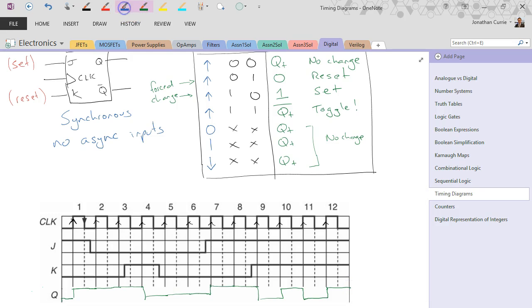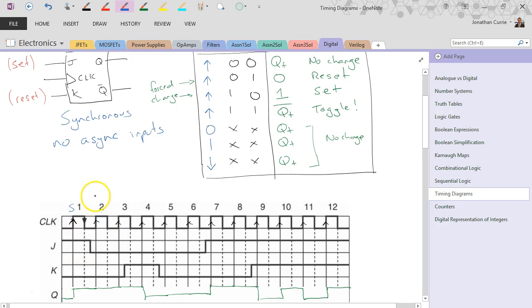Now one of the things that may be quite nice to do as you're going through this is above each clock edge to write what operation that you performed. J is 1, K is 0, so we did a set.